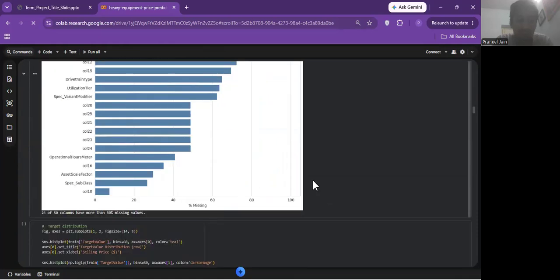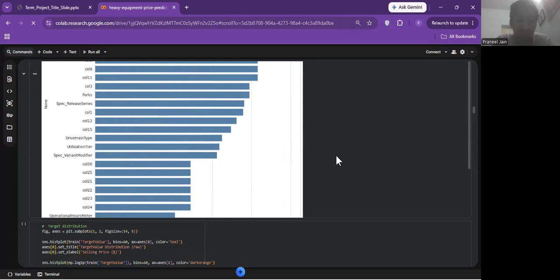The larger the bar, the fewer missing values present. In the dataset, I noticed several spec columns had 50 to 99 percent missing values, and since they apply to certain equipment types, I kept them for training models and added missing indicator flags for the key ones. You might wonder why I haven't dropped those with greater than 50% missing, because even a sparse column can carry signal for the subgroup of rows where it is present, and dropping would lose that.